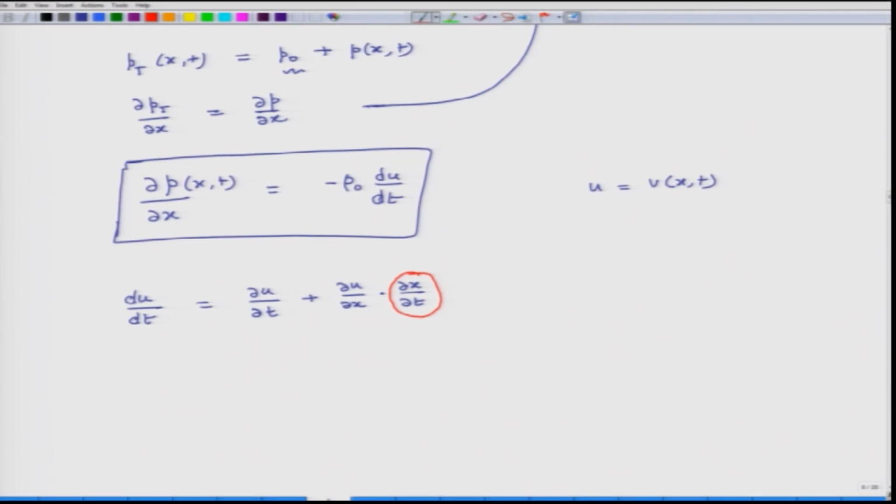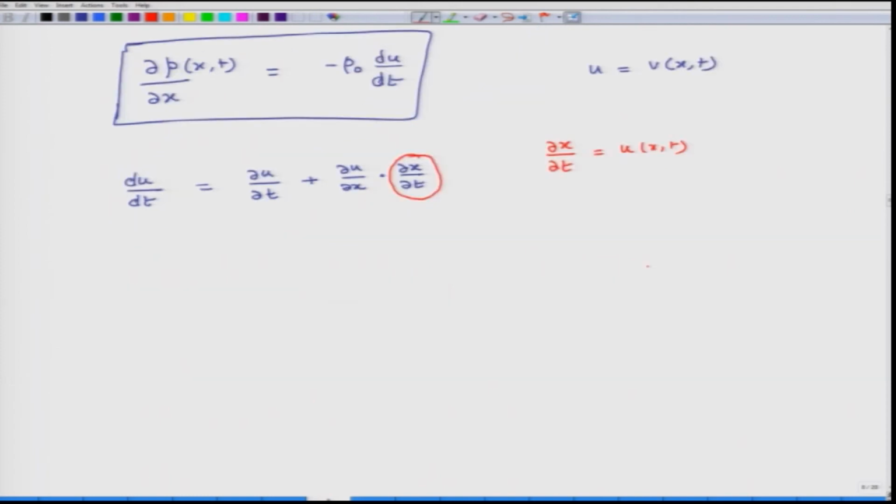So, what that means is that del x over del t is what? It is actually the velocity of the fluid particle. Okay. So, with that understanding, I can write it as del u over del t plus u del u over del x.